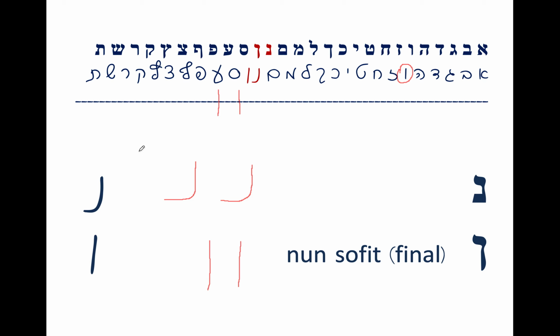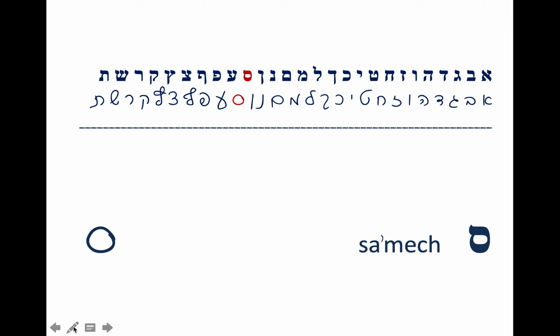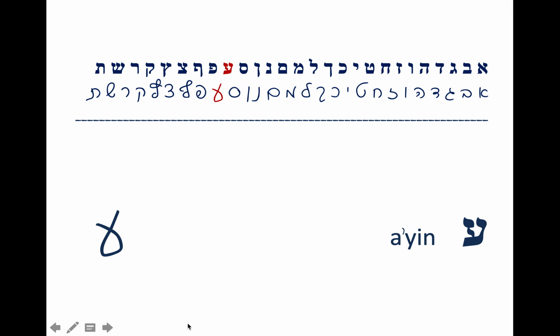Okay, next letter. Next letter is the letter samech. It's very easy. It's just a circle. And this is the letter samech. The next letter is the letter ein. Ein is a guttural, so it should come from your throat.